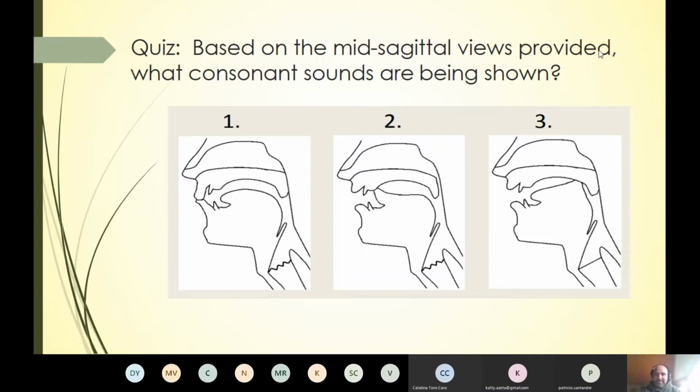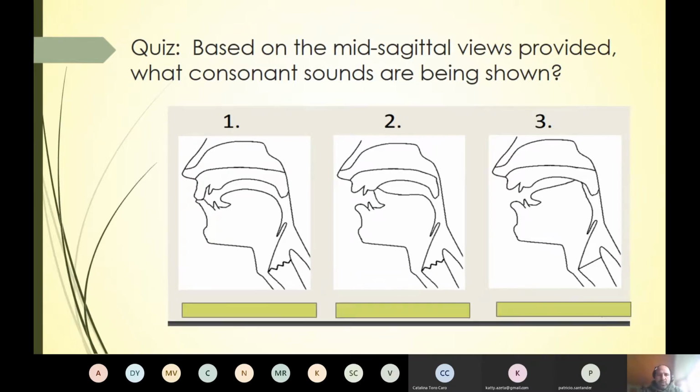Okay. So I'm going to give you some minutes to reach an answer. A clue would be that you need to focus on and compare that area, which is the larynx or the voice box where the vocal cords are, and you can compare them in the three images.